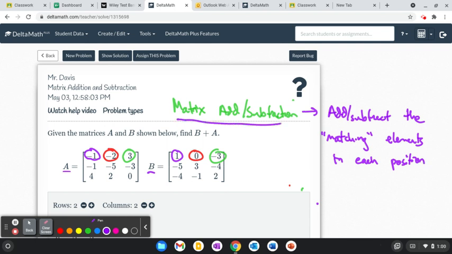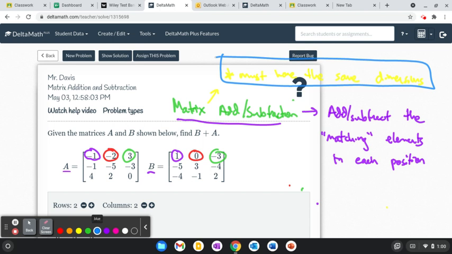Now there's just one thing you have to make sure is true: when you add and subtract matrices, they have to have the same dimensions. And your answer will be a matrix with the same dimensions.